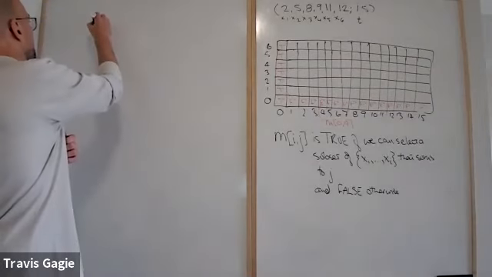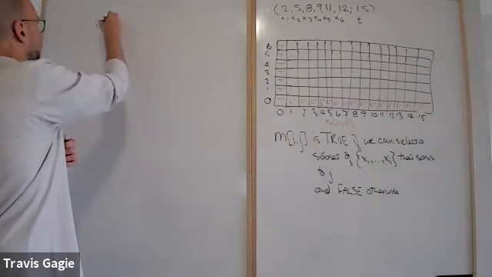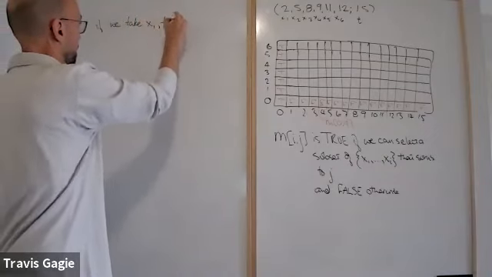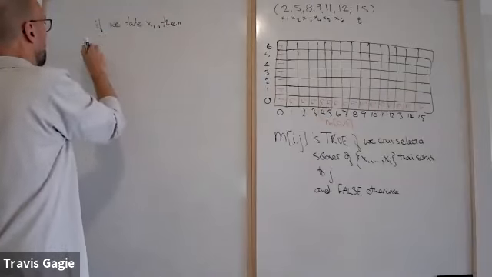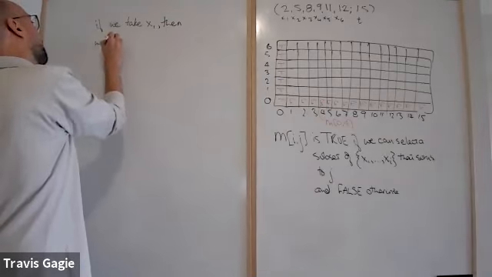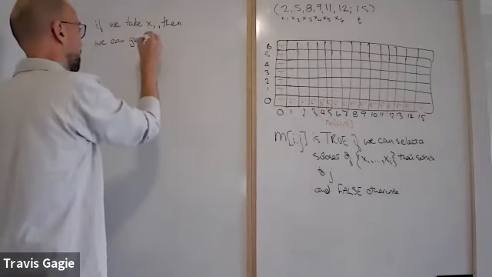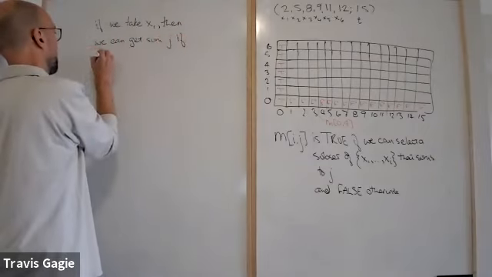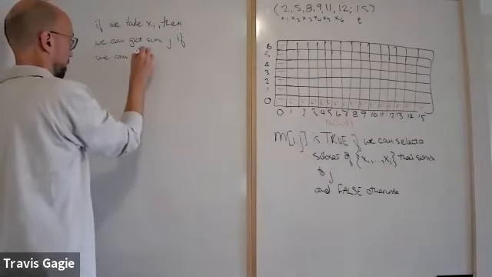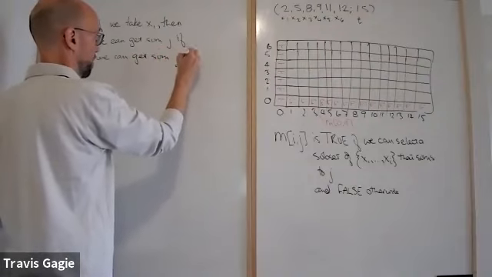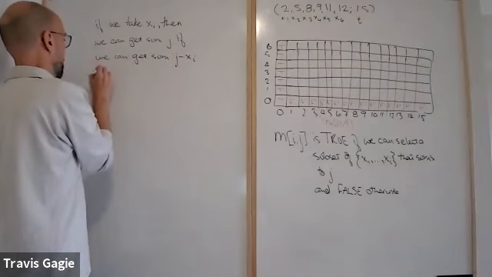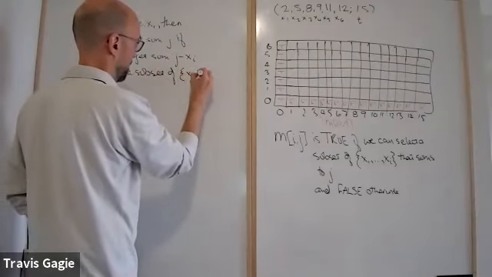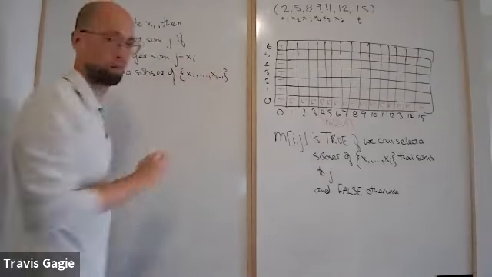If we take xi, then we can get some j if we can get some j minus xi from a subset of x1 through xi minus 1.